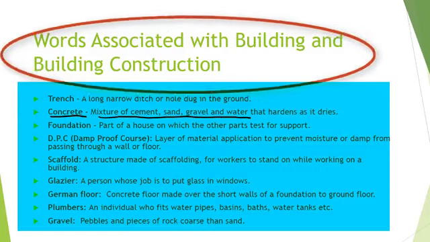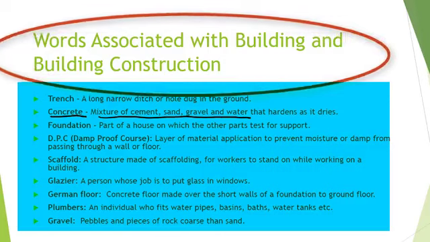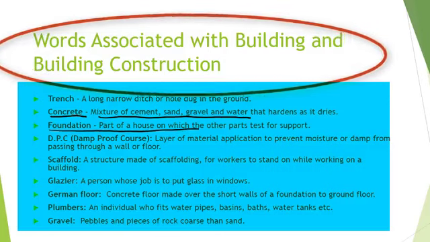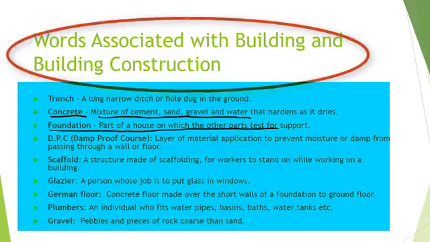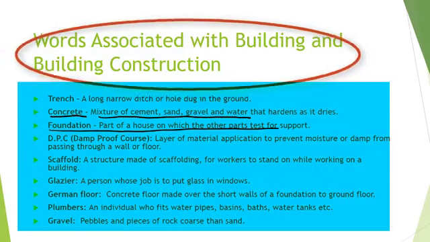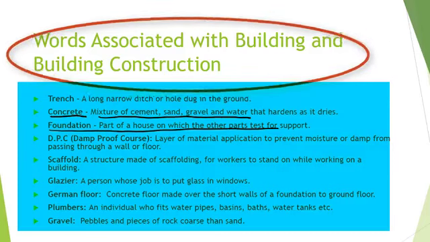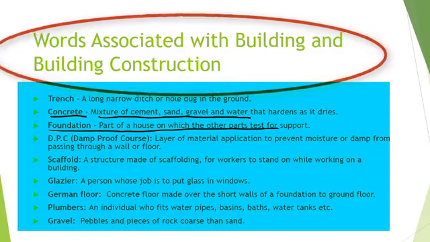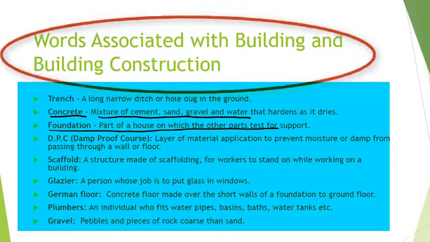Then we have what we call foundation. The foundation of a house is simply the part of the house that is unseen. Then we have what we call the DPC.